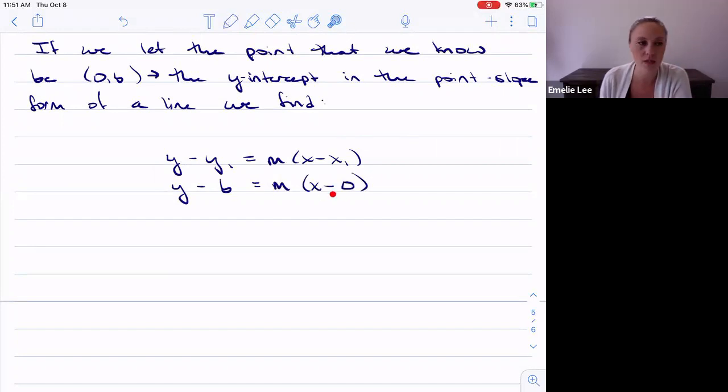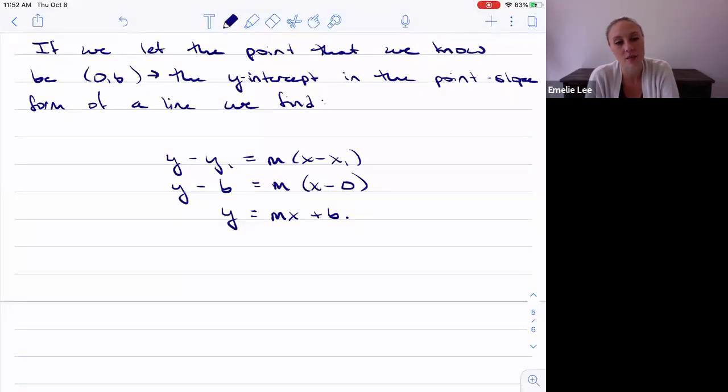X minus 0 is just x. And if I'm solving for y, I'm going to do it all in one go. Y equals mx plus b. So it ends up being the same. But like I said, this y equals mx plus b is just a specific case of the point slope form where the point that you know is the y-intercept.